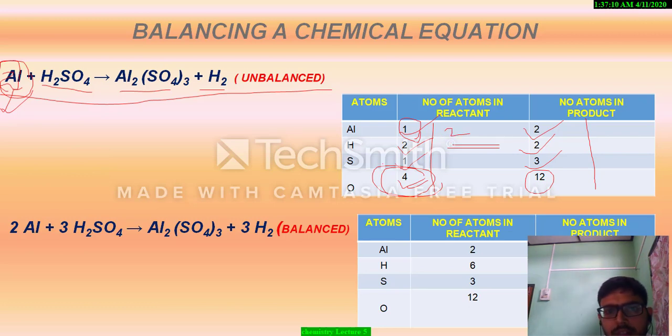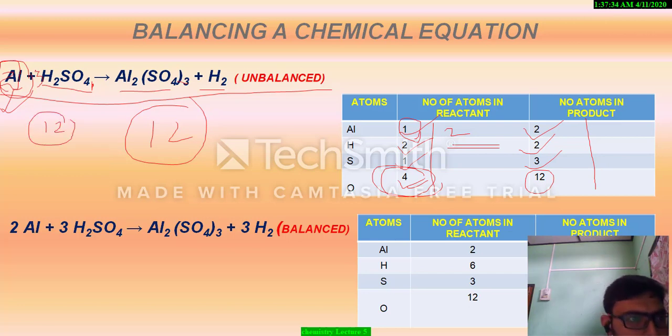After that you will come to oxygen. You see there are already 3 into 4, 12 oxygen atoms, but here there are only 4 oxygen atoms. So if you put a 3 here, then 3 into 4 is 12, so the number of oxygen atoms is also getting balanced, here 12, here 12.